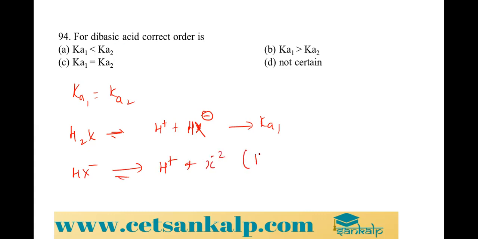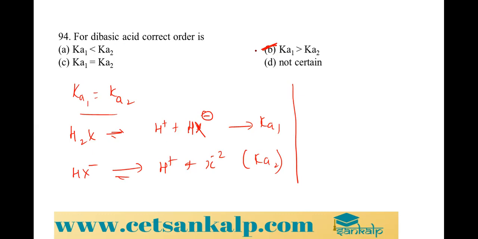So this is called as what? Ka2. Now what is coming? Ka1 is greater than Ka2. Right, option B comes.